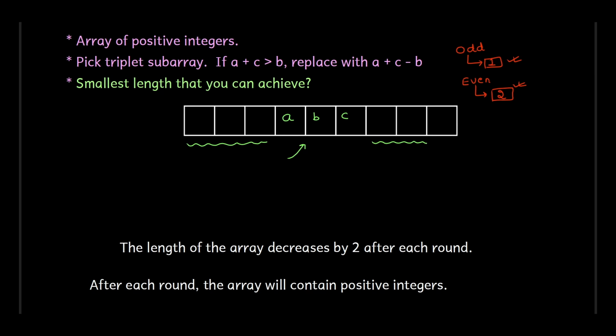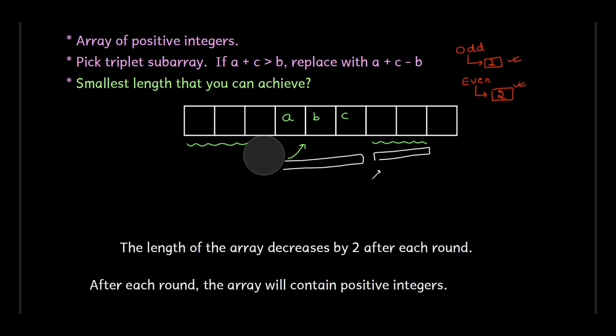Look at any triplet that includes this element. If this is the first element, then this incoming element, which is a minus b plus c, is the second element and this is the third element. What if doing this operation at the start negatively affects this too and prevents us from doing any operations further? So we have to be smart about the first choice that we make.